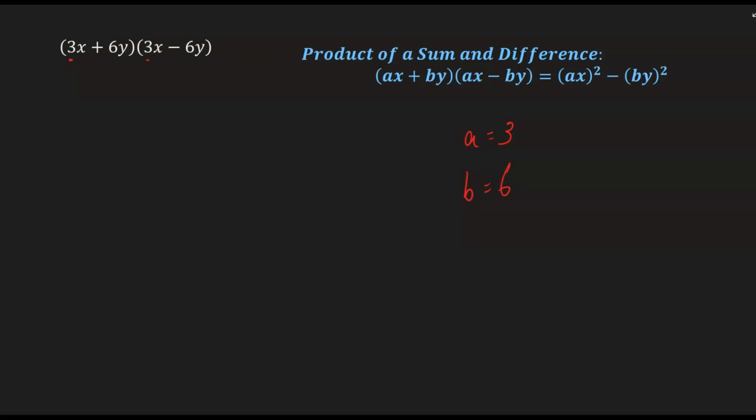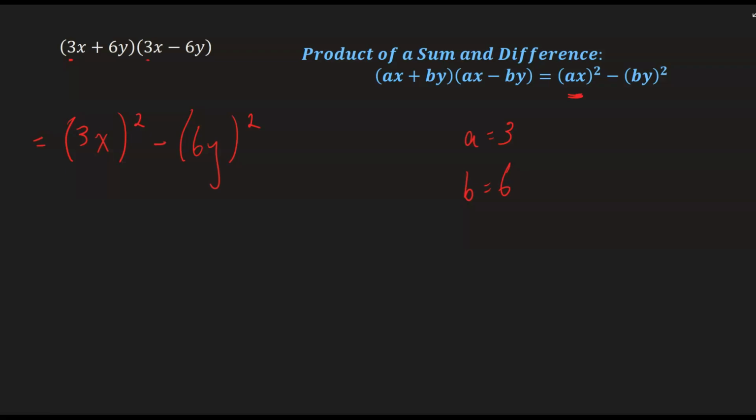And so the pattern is that I take my ax and square it all. So we'll do (3x) and it gets squared. Subtract (6y) and that gets squared.